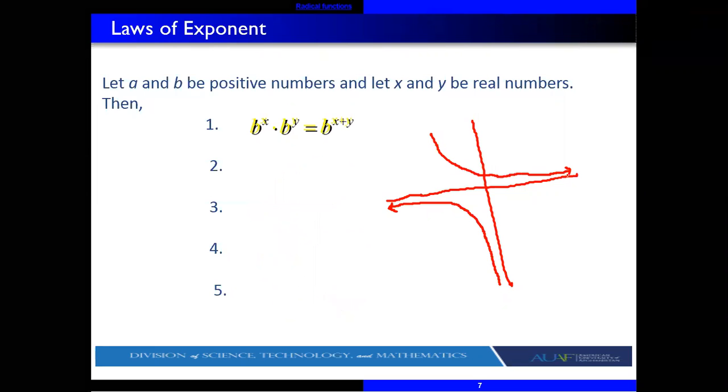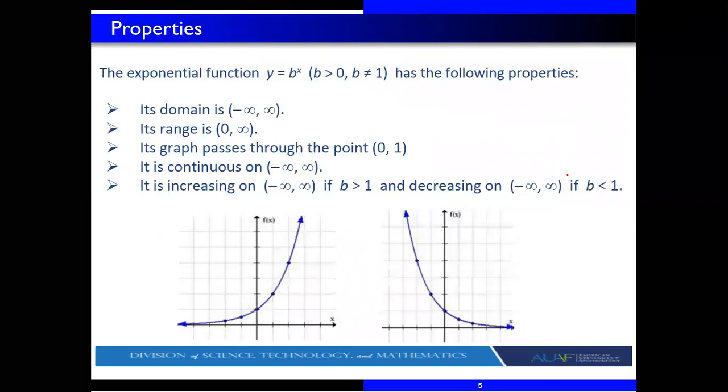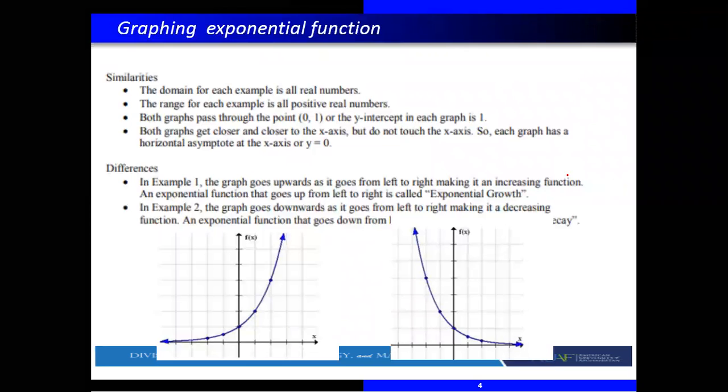Okay. So the difference between these two: the first one is an increasing function, this one. And the second one is called a decreasing function. In the first case, x values are increasing, y values are also increasing.